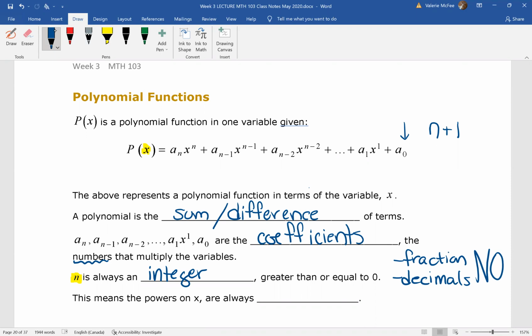So we don't want negative integers here either. And this tells me that the powers on x are always integers greater than or equal to 0. So for a polynomial function, it's a sum or difference of terms, and all of the powers on x have to be integers greater than or equal to 0.